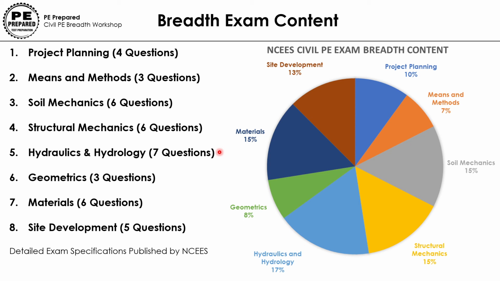That right there is going to make up the bulk of the exam. And then following that, your site development, project planning, and means and methods. Those are all construction type questions really, and then followed up last but not least geometrics, which are your transportation type horizontal and vertical curve questions.